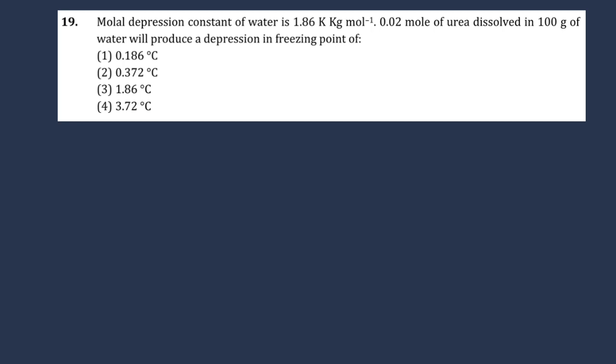The molar depression constant is given and 0.02 mole of urea is given. So delta Tf is equal to i into Kf into molality. This is 0 minus Tf, because the freezing point of pure water is 0 degrees Celsius. The i value for urea is 1. The Kf value given in the question is 1.86.